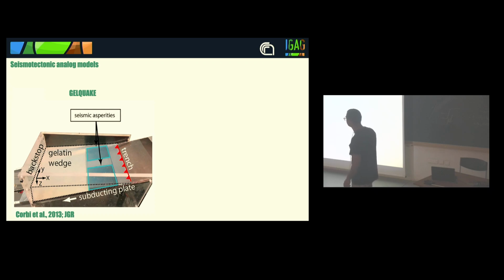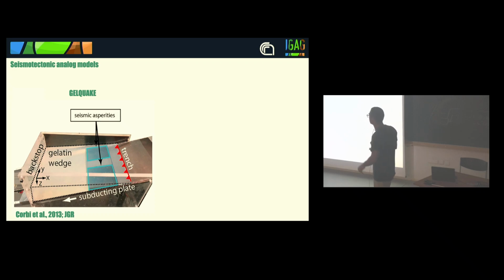The wedge is made of gelatin, so we studied the rheology of this material a lot in order to have the proper scaling of the experiment. And the asperities are provided by a gelatin against sandpaper interface.